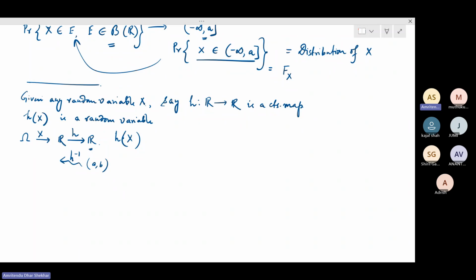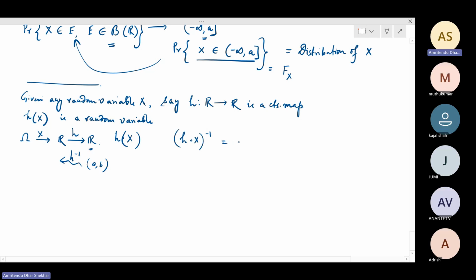And the inverse image of any open set or any open interval on R is also going to be a measurable set. So if I take the inverse of this thing, h of X inverse, that is equal to X inverse of h inverse of some (a, b), which is going to be some open set.